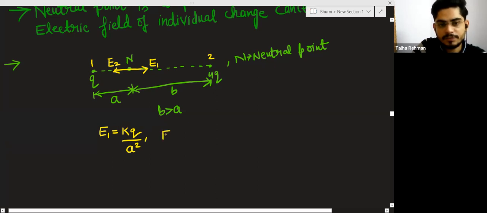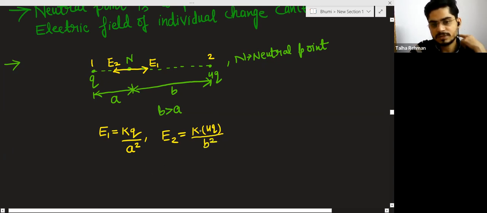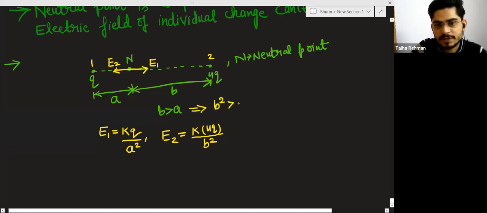And for E2, due to the other charge, you take K into 4Q divided by B square. But here you can see B is greater than A. So if B is greater than A, it implies that B square is greater than A square, and you are dividing by B square, which is greater than A square.